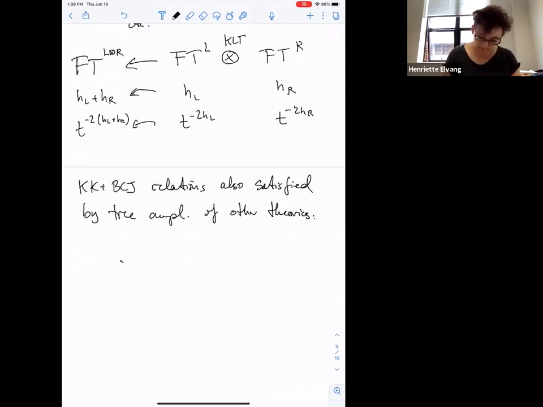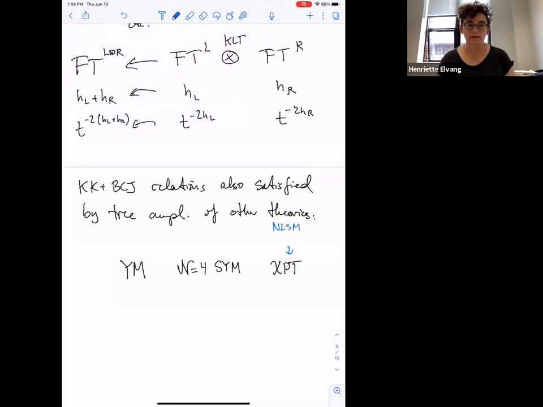In particular, it works for Yang-Mills. It also works for supersymmetrizations of Yang-Mills, and here let me just give you an example: our all-time favorite, N=4 super Yang-Mills. And then it works for a theory called chi-PT. What is chi-PT? It's a nonlinear sigma model. Nonlinear sigma models are something that we learned about in lecture 1 when we did the soft bootstrap.